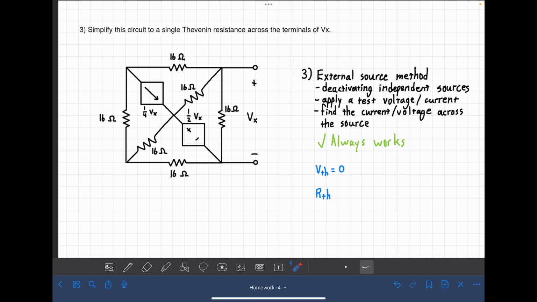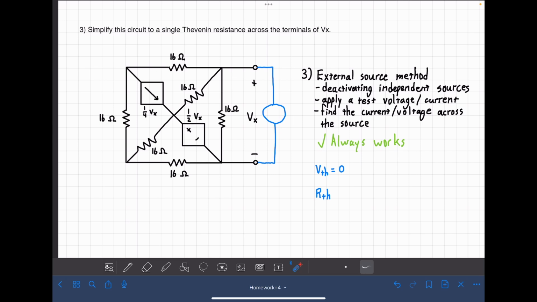However, we cannot just simplify it because of these dependent sources. So we're going to have to attach an external source. So what that looks like, we're going to go like this to our output terminals. This can either be a current source or a voltage source, whichever you think will be faster. You'll get the same answer in the end.